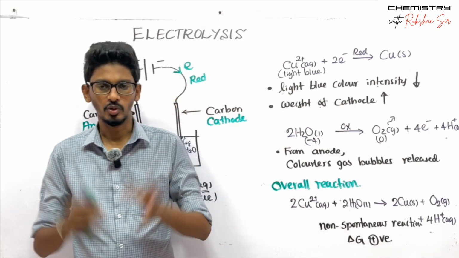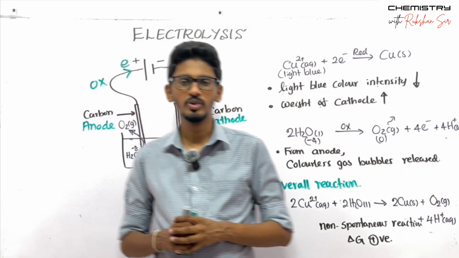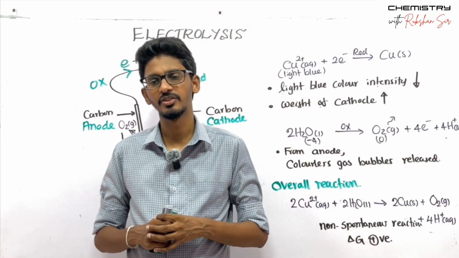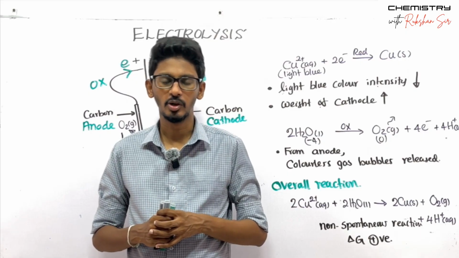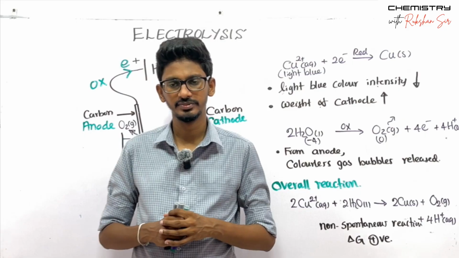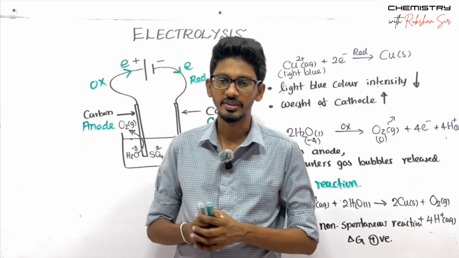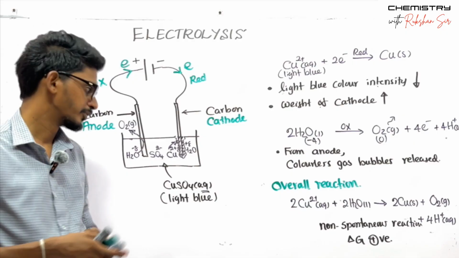So in electrolysis, we are supposed to complete a non-spontaneous reaction by supplying energy from the outside, basically as electrical energy. So in these processes, delta G is going to be positive.